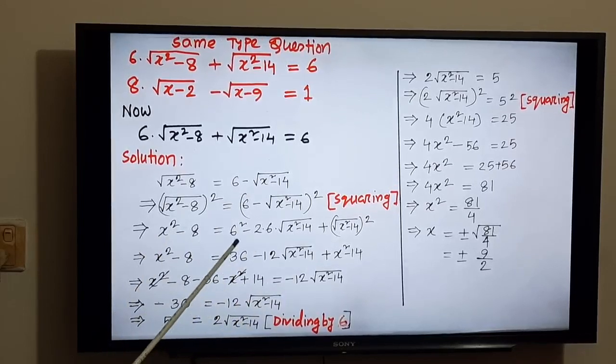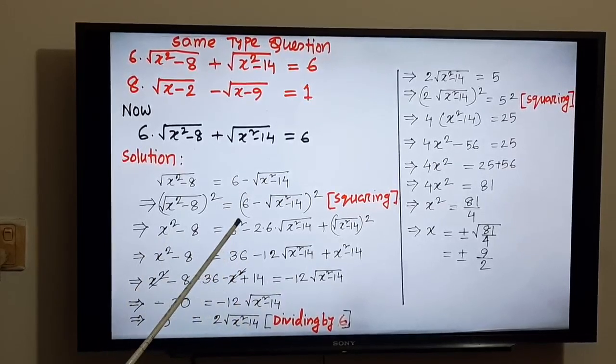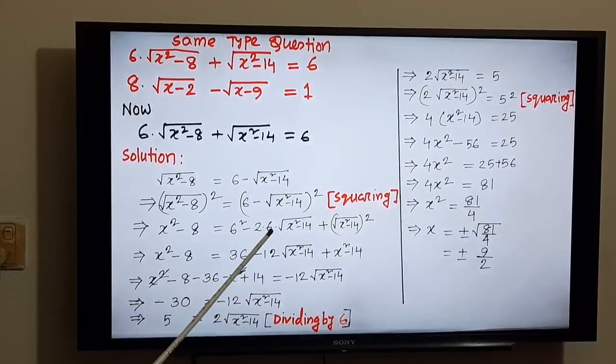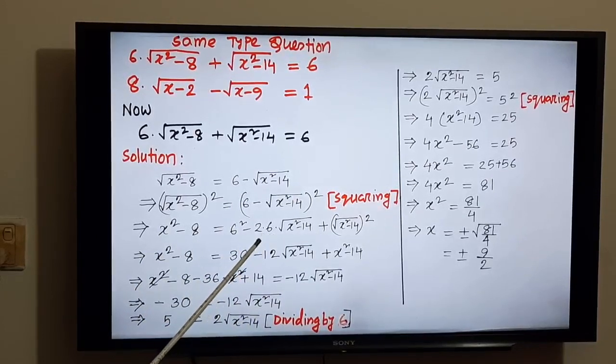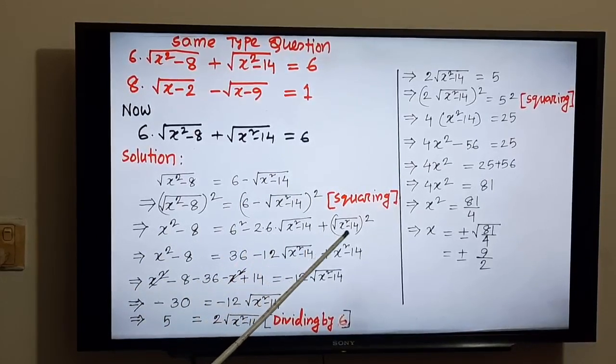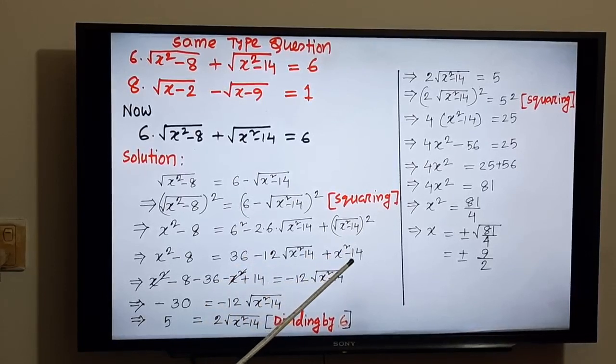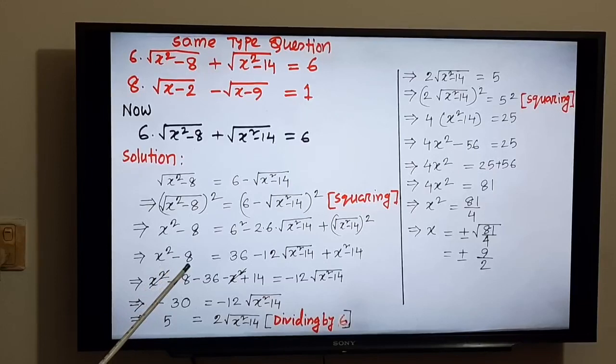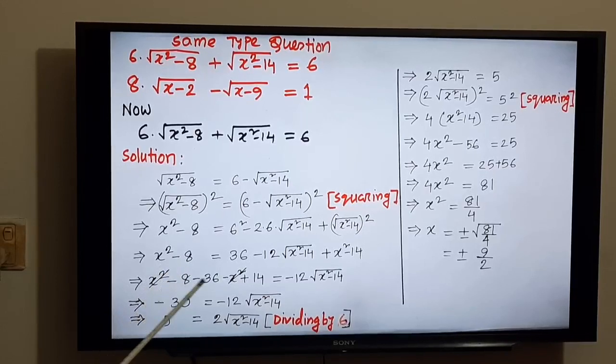And 6 square is equal to 36. 6 into 2 is equal to 12. And root over x square minus 14, squared, is equal to x square minus 14. Now, x square minus 8 in the left hand side; 36 plus x square minus 14 transfer into the left hand side.